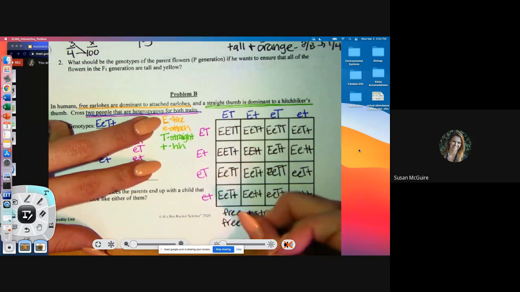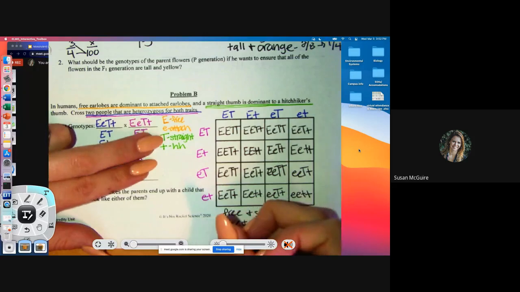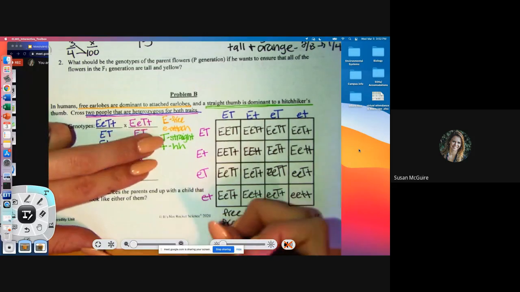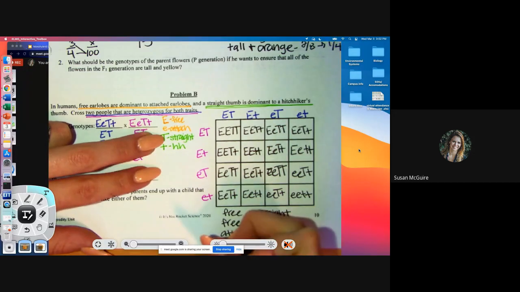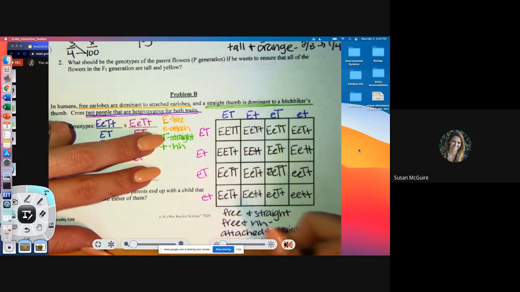I'm going to put HH again for hitchhikers. Attached and straight. And attached and hitchhikers.